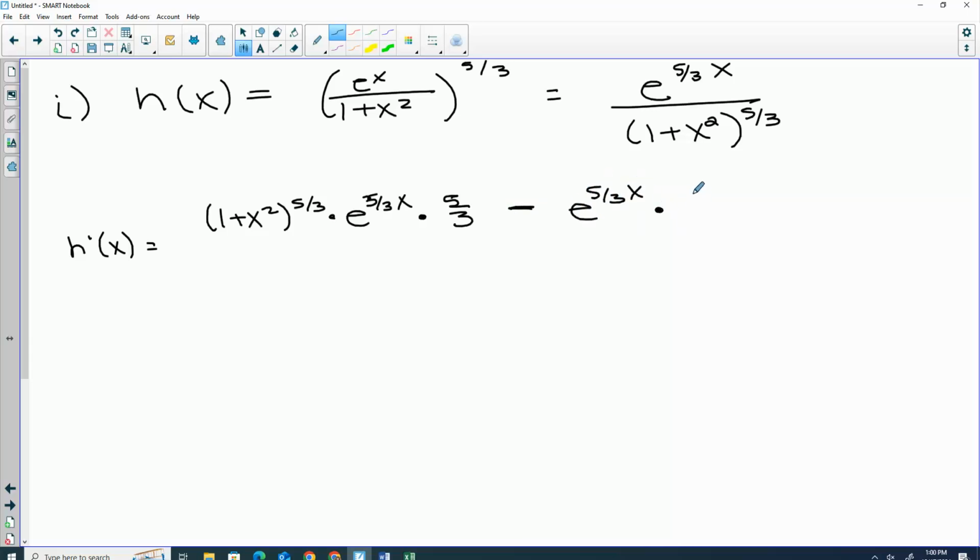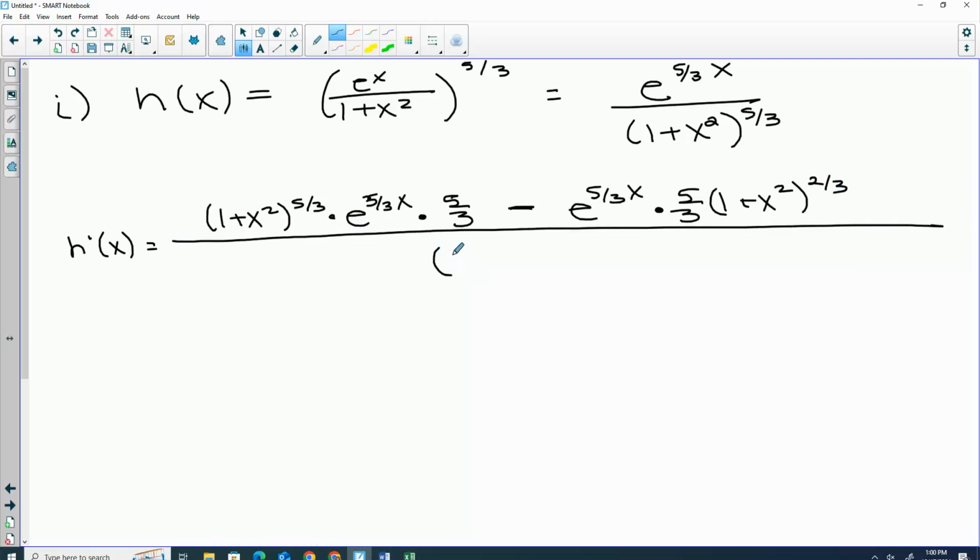So derivative of the bottom: exponent comes down, inside stays the same, subtract 1 from the power, times derivative of the inside. All over low squared. 5/3 squared becomes 10/3.